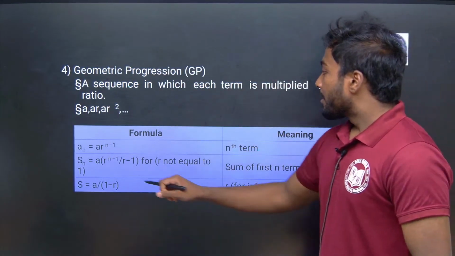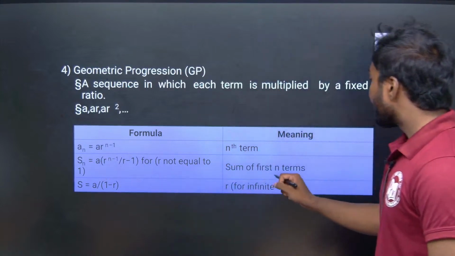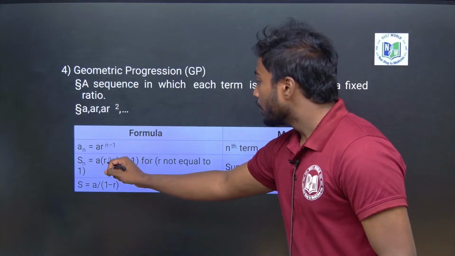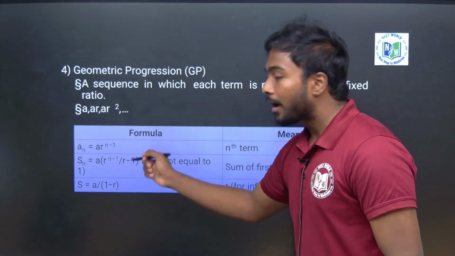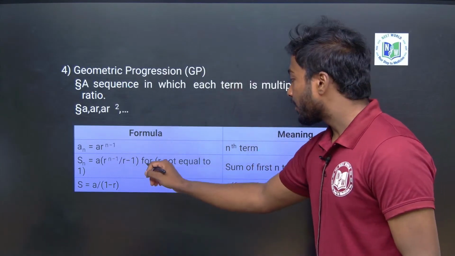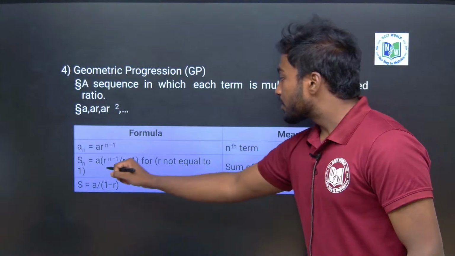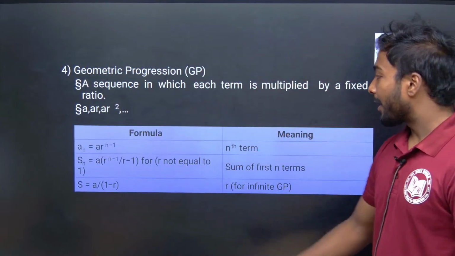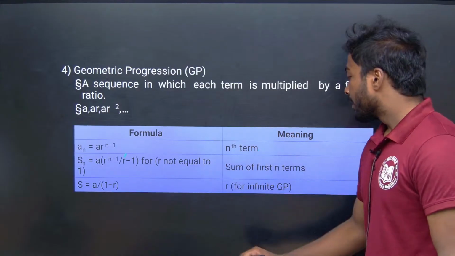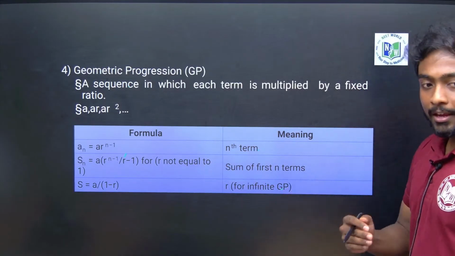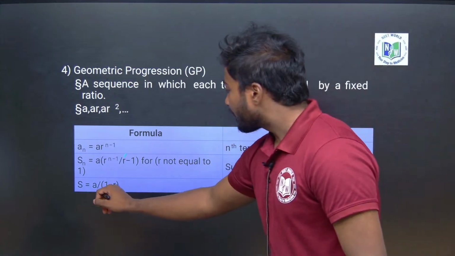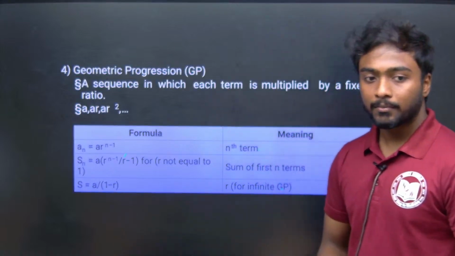Sn, that is the sum of first n terms, is equal to a into r power n minus 1 by r minus 1, where r is not equal to 1. If r is equal to 1, the denominator will be 0, no? So, r should not be equal to 1. For infinite GP, where infinite terms are there and the value of n is not given, S is equal to a by 1 minus r.